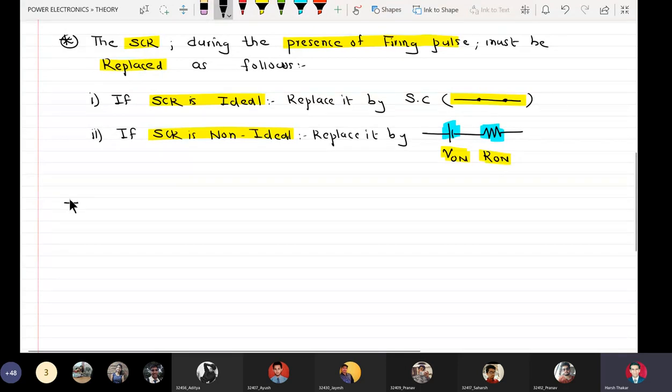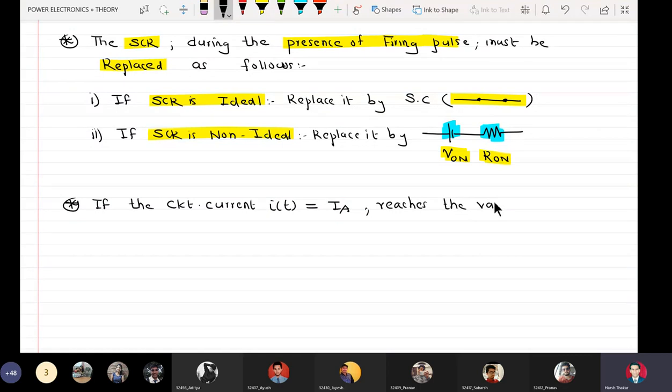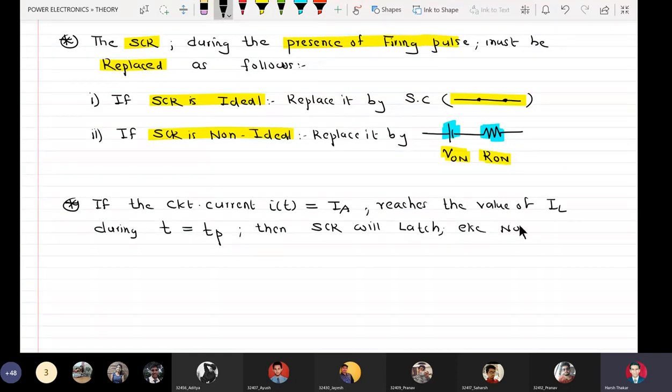Another important thing is, if the circuit current i of t, which is equal to IA, reaches the value of latching current during time t equal to the duration of firing pulse, then SCR will latch, else not.